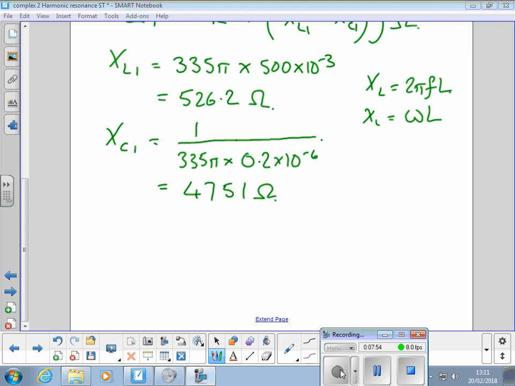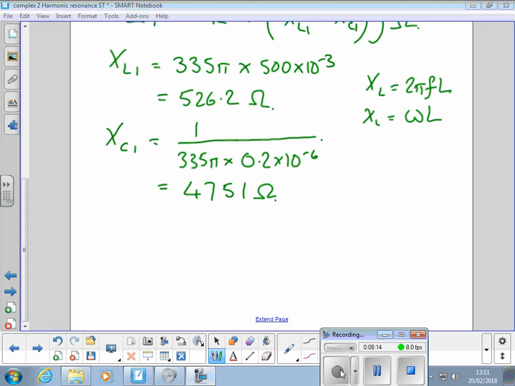Yeah, so we got an XL at fundamental of 526.2 and an XC1 of 4751 ohms. So the capacitive reactance at this frequency is much bigger than the inductive reactance.